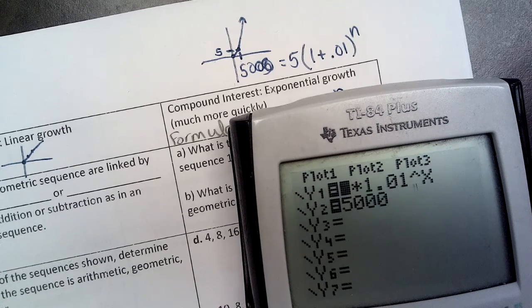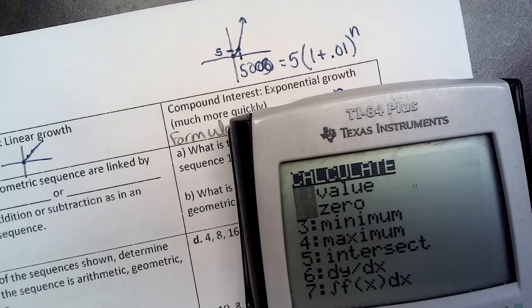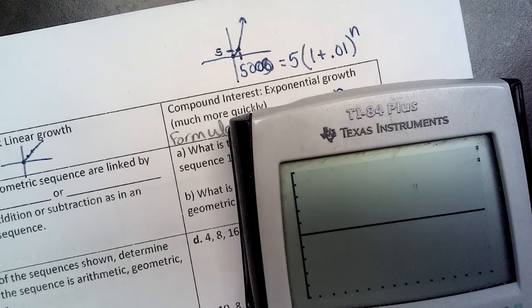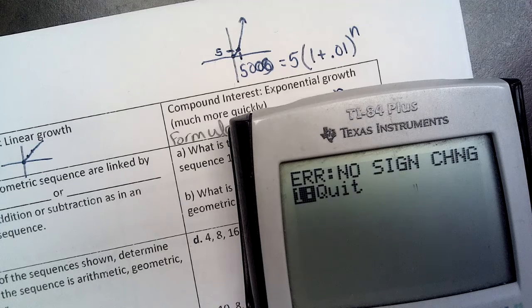And I must have inputted 5 times 1.01 to the X power. Did I? Yes. So I must have input my... Yep.